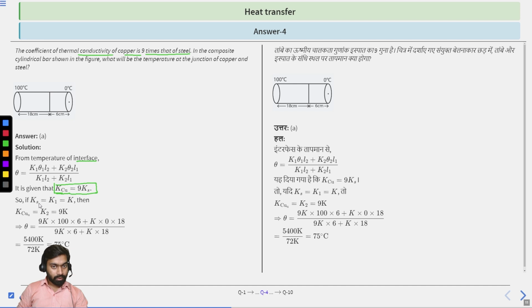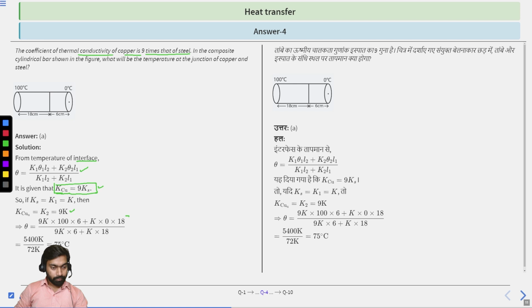If the thermal conductivity of steel is K1, equal to K, then the thermal conductivity of copper is K2, equal to 9K. Putting these into the formula, theta equals (9K multiplied by 100 multiplied by 6 plus K multiplied by 0 multiplied by 18) divided by (9K multiplied by 6 plus K multiplied by 18).